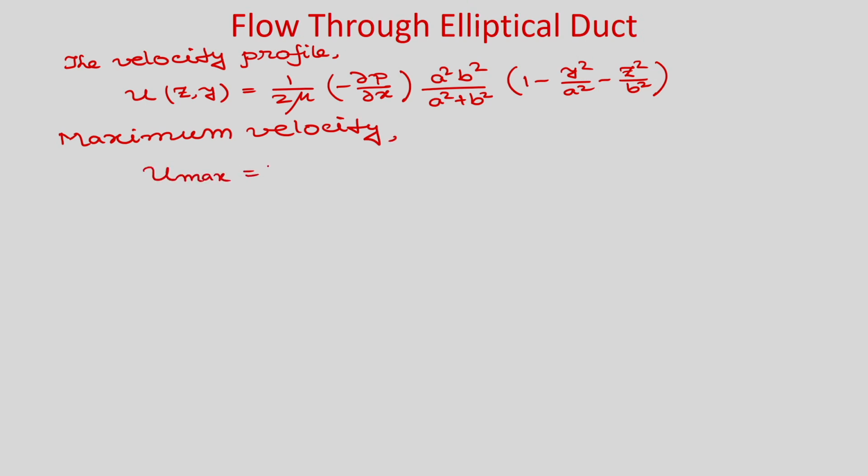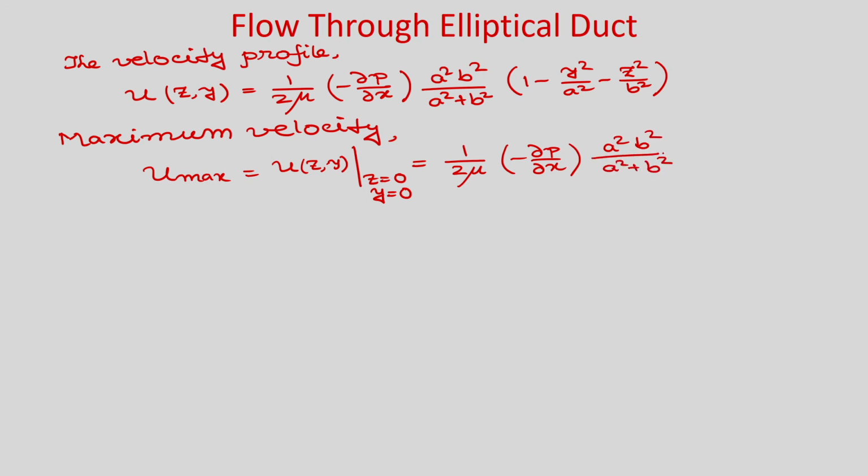Where it will occur, obviously wherever we have taken the origin, that means u at z is equal to 0 and y is equal to 0, at the central line. So, at the central line, if you put z is equal to 0, y is equal to 0, you will get just 1 by twice mu minus del p by del x, a square b square by a square plus b square.